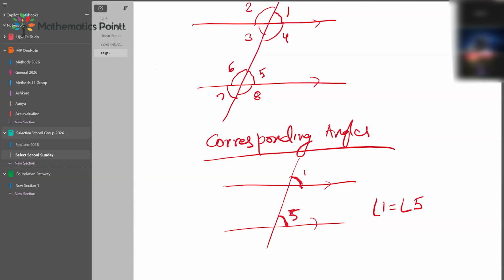Similarly, angle 2 and angle 6 are equal as well, corresponding angles. One outside, the other one inside.